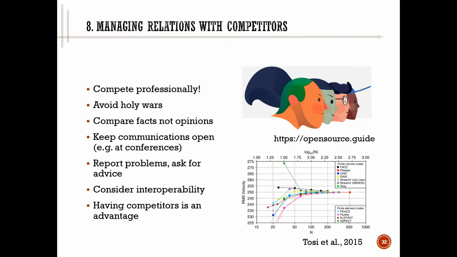One way to keep all of this on a more professional level is to consider the interoperability between different projects. For example, by using relatively standard input and output formats, which make it easier to set up the same problem in different software. And finally, having competitors is actually, in many senses, an advantage for a project because you can see what they do differently.